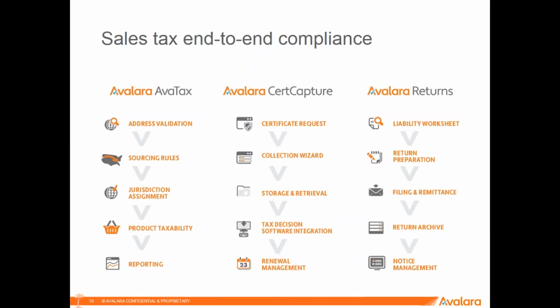That basically gives us a rooftop. If we were looking at a map and putting a pin in the map, it gives us a rooftop level determination of exactly where the transaction is happening, where your customer is located, where the tax jurisdiction boundaries lie and what the tax needs to be for that transaction.